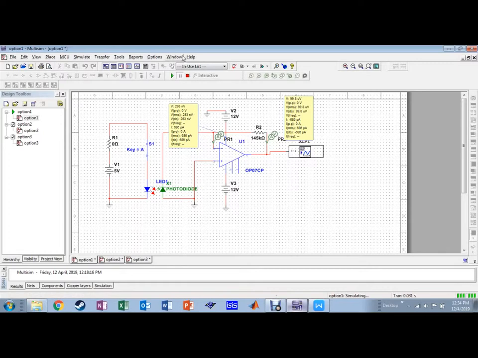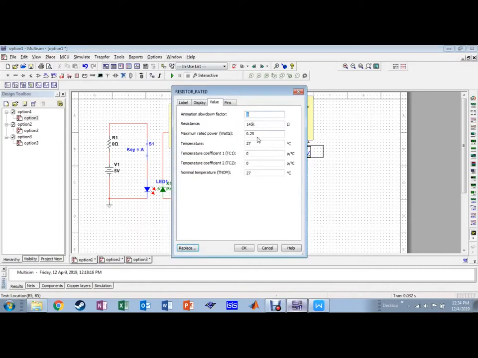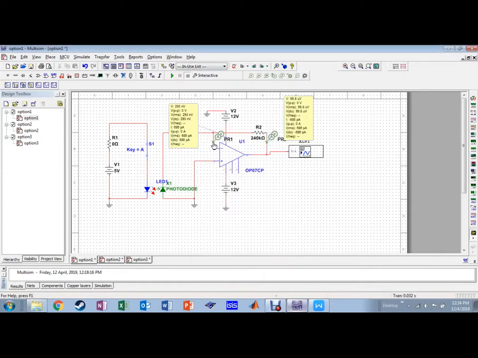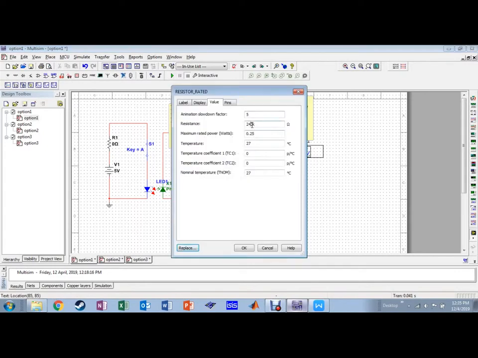Let's try with another value of R2. 240k ohm. Run it. The value at this point remains the same. Meanwhile, the value at this point changes slightly. The current remains the same for 240k ohm.